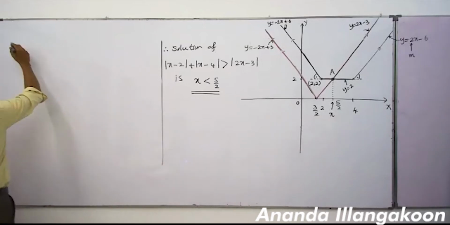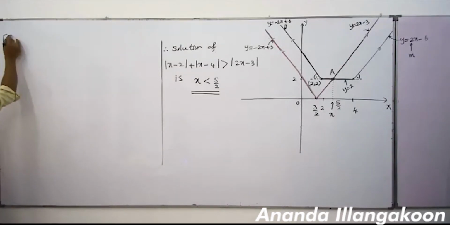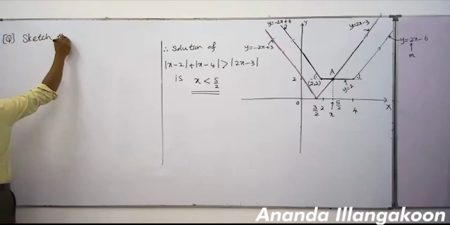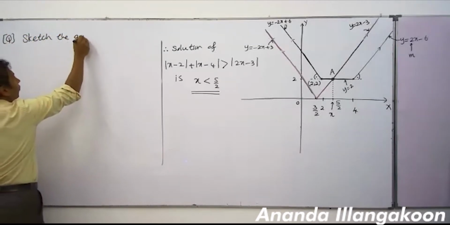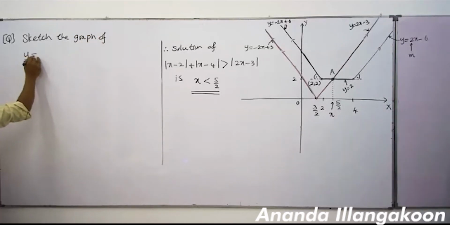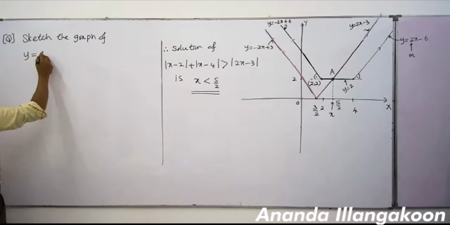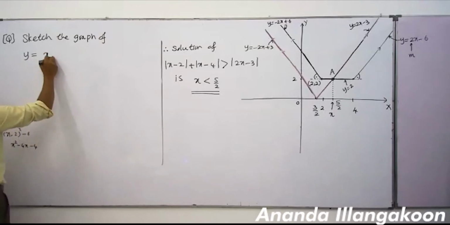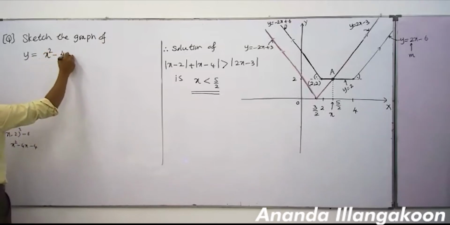Right, next one. Write down as a question. Sketch the graph of y equals x squared minus 4x minus 4.